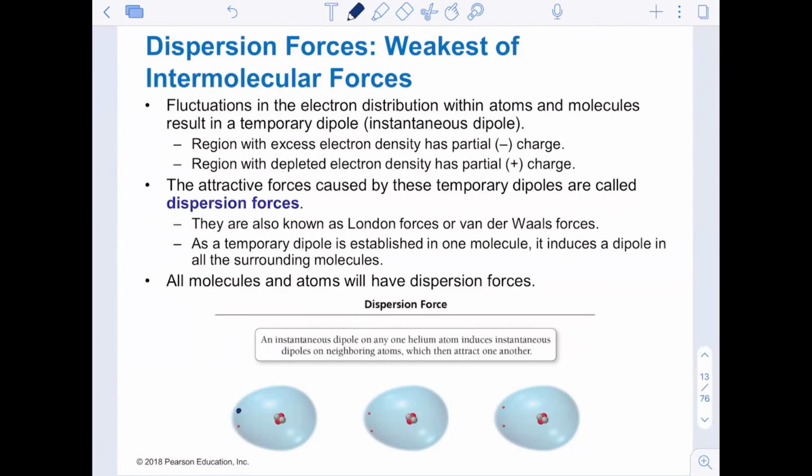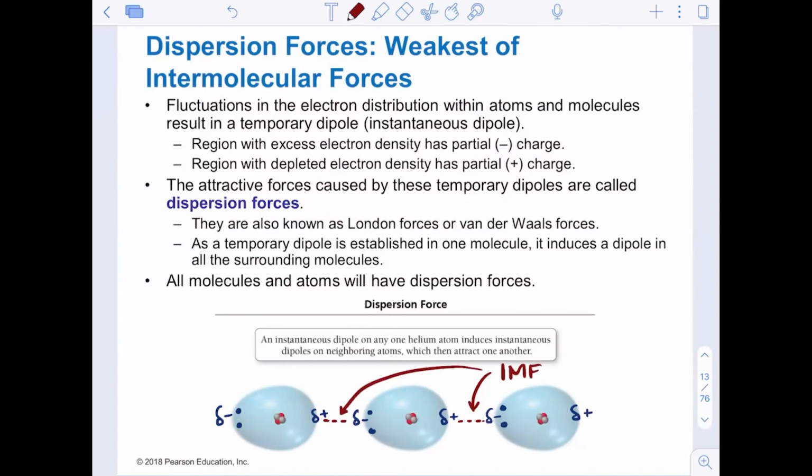Notice the electrons can shift over to one side, creating that delta minus and the delta plus. And then the electrons of the next molecule can shift over as well, creating a delta minus and a delta plus. And by proximity, these guys are getting closer together just because they're floating around in the solution. There's the intermolecular force, when the delta plus of one is attracted to the delta minus of the other. There's our IMF.